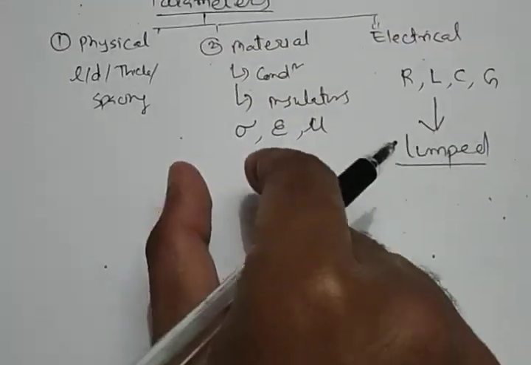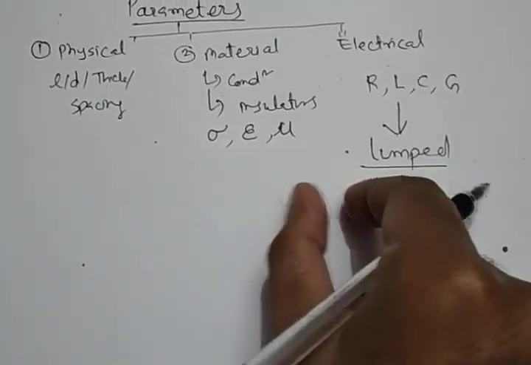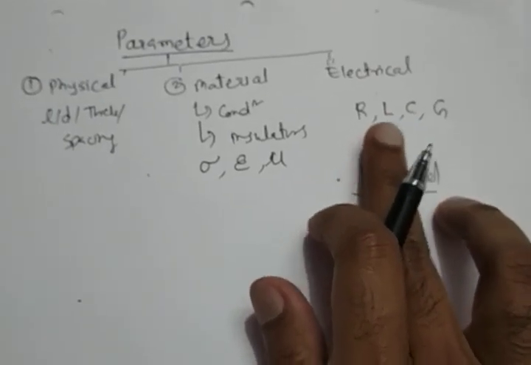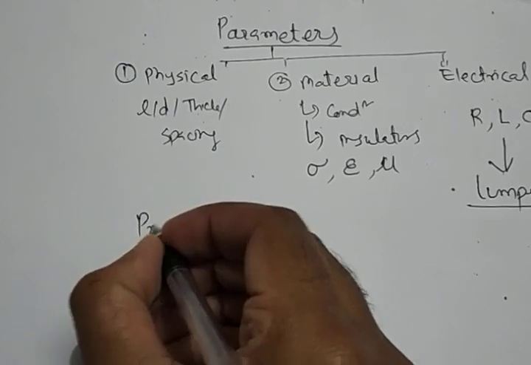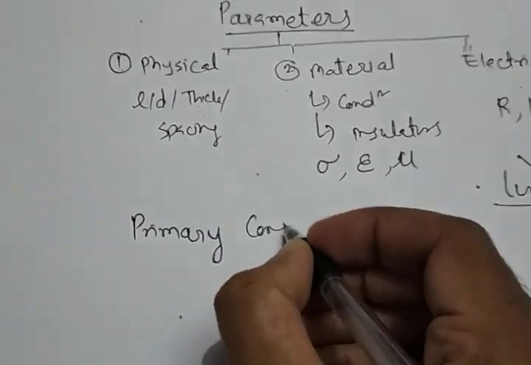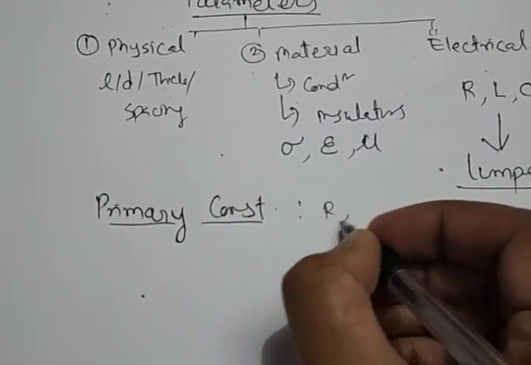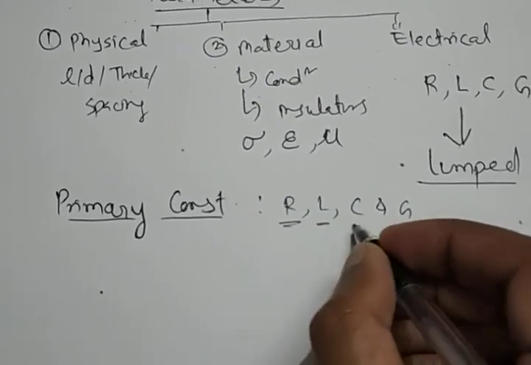We have to consider them for smaller portions because these values will be continuously changing. So we will consider the distributed values of R, L, C and G, and they are also called the primary constants of a transmission line.